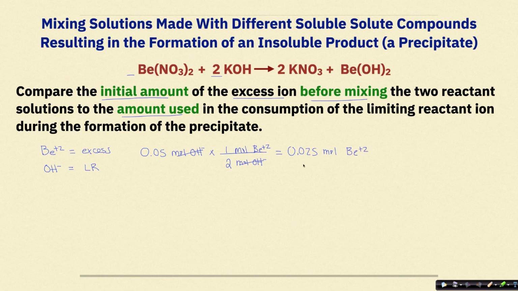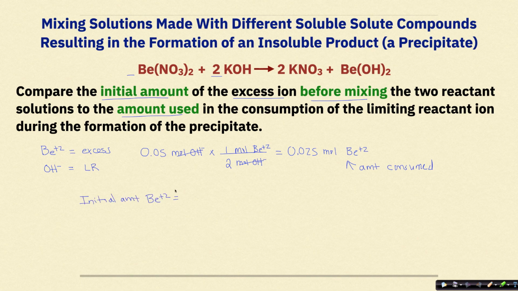Now, that number is the amount used. So we're going to say amount consumed. So in the process of using up all those hydroxide ions, we need 0.025 moles of Be+2. Okay, good. So now if we go back and ask, what was my initial amount of moles of Be+2?